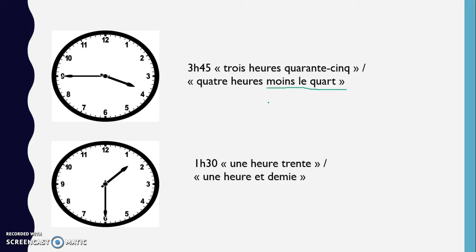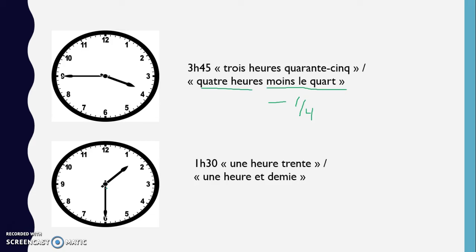Moins le quart is minus a quarter. So 3:45 is 4 heures moins le quart. 4 o'clock minus a quarter of an hour is 3:45. So different options to say the same thing.